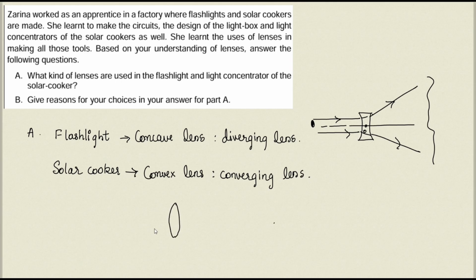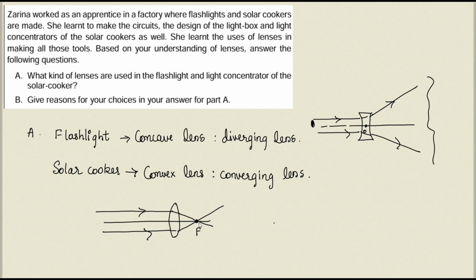When we consider solar energy, basically our sunlight coming from infinity, this convex lens converges these infinite number of light rays from the sun at a particular point, which is the focus of the convex lens.